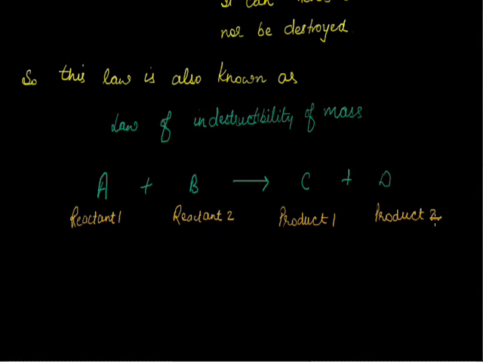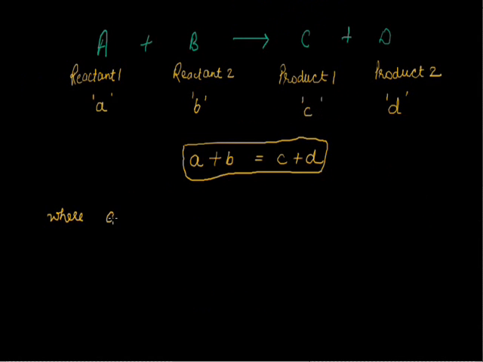Now we are talking about conservation of mass. So mass A of reactant A, mass B of reactant B reacted to give C mass of product 1 and D mass of product D. So according to this law, A plus B is equal to C plus D, where A, B, C and D are all masses.